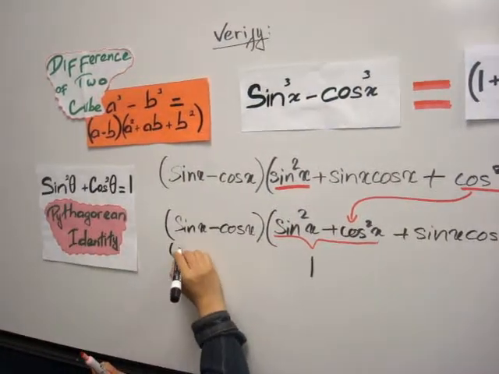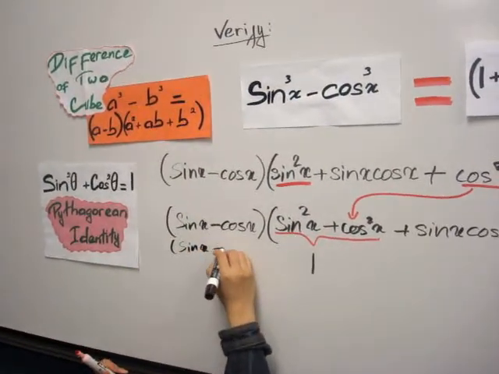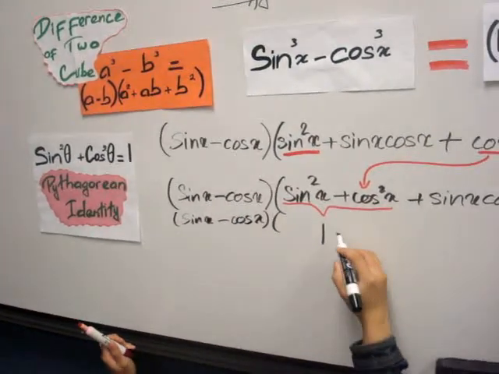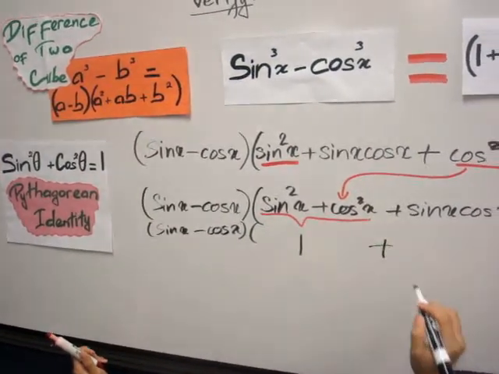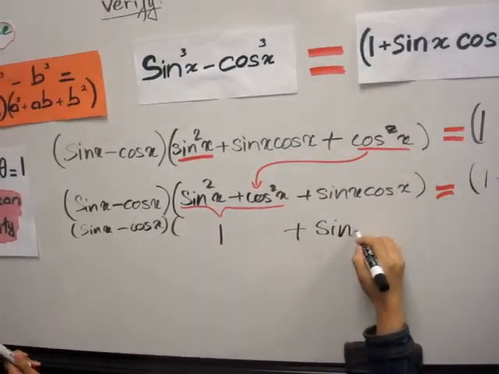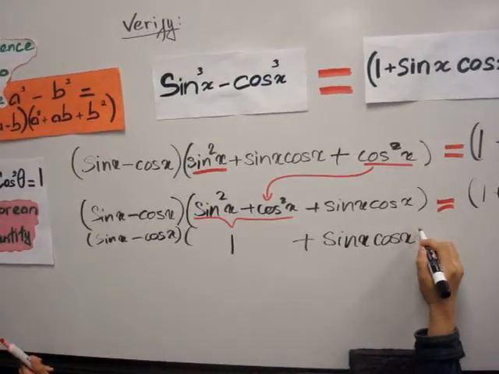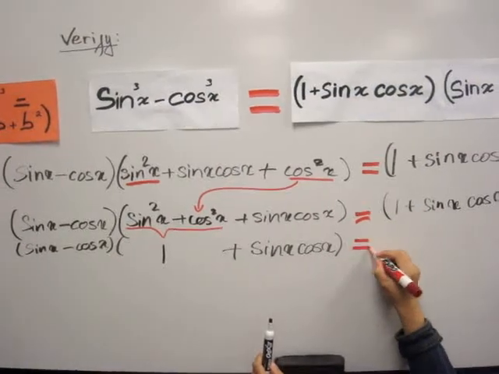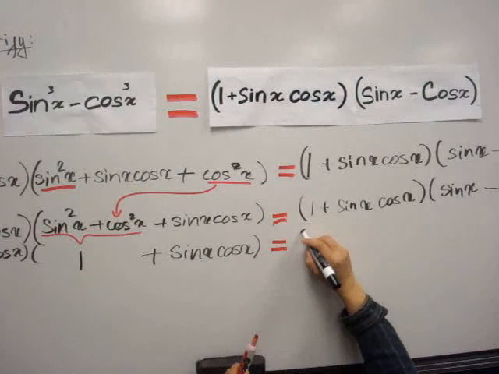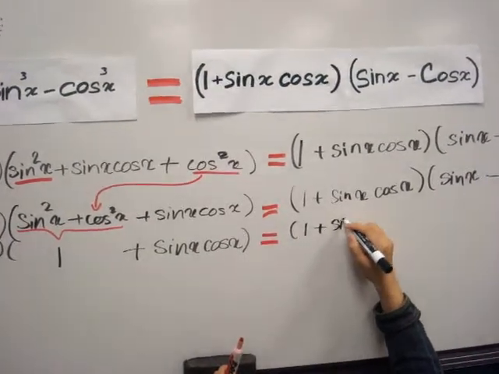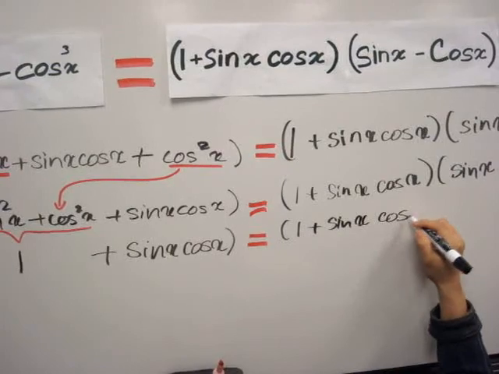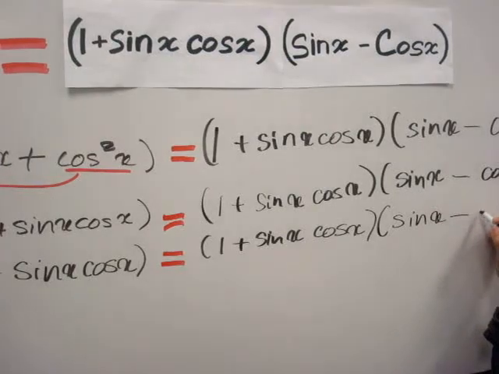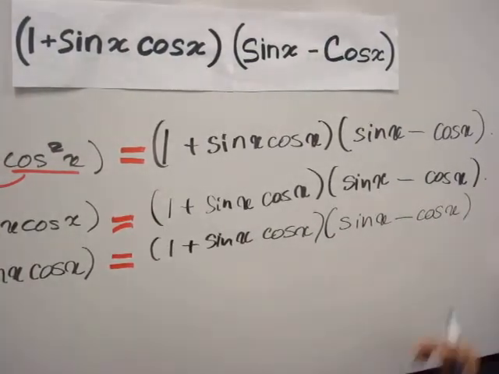We have sine x minus cosine x times 1 plus sine x cosine x equals 1 plus sine x cosine x times sine x minus cosine x.